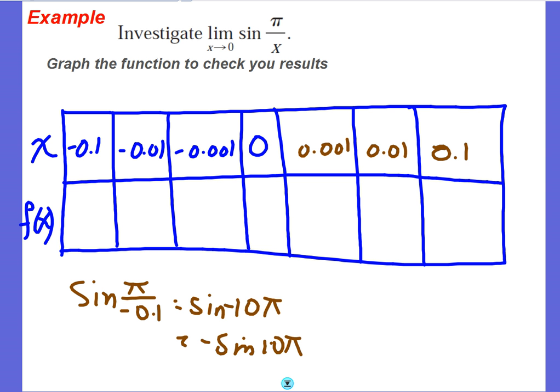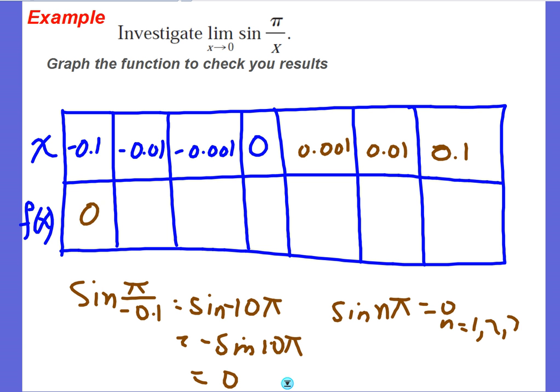We know that sine of pi is 0, sine of 2 pi is 0, sine of 3 pi is 0, sine of 4 pi; sine of n pi is equal to 0 when n equals 1, 2, 3, and so on. So this will be equal to 0.